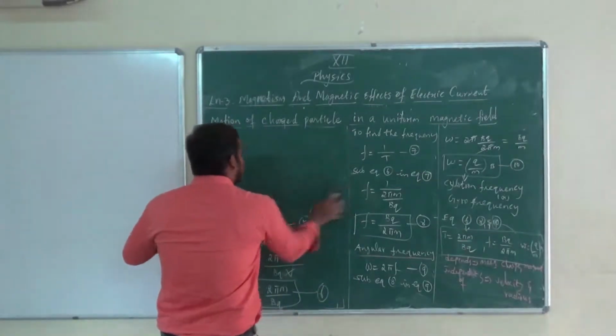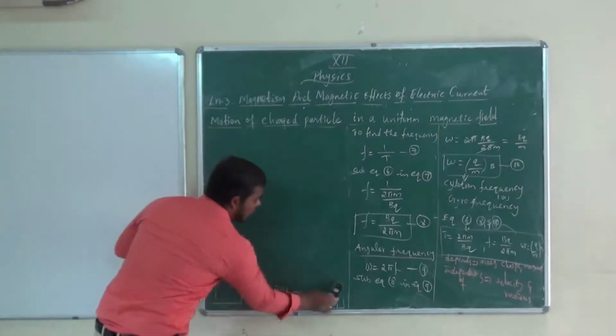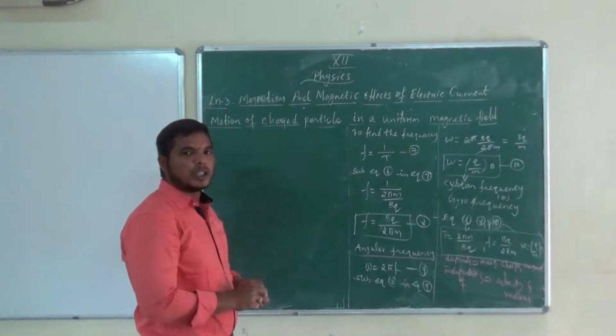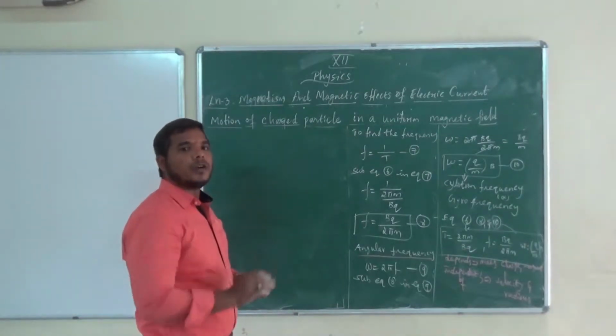So next, suppose the case: a particle of charge Q moves in a uniform magnetic field. B represents the uniform magnetic field.